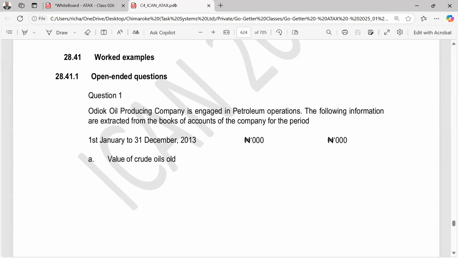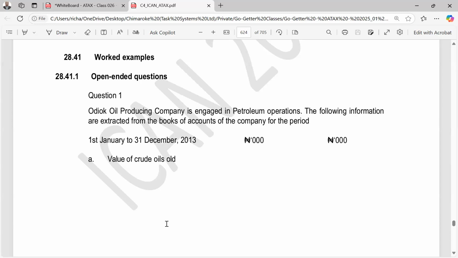But when you are calculating the tax, you need to separate the upstream activities from the downstream, and you will need to tax them separately. And you know that the upstream activity is on actual year basis, while the downstream activity is on preceding year basis.